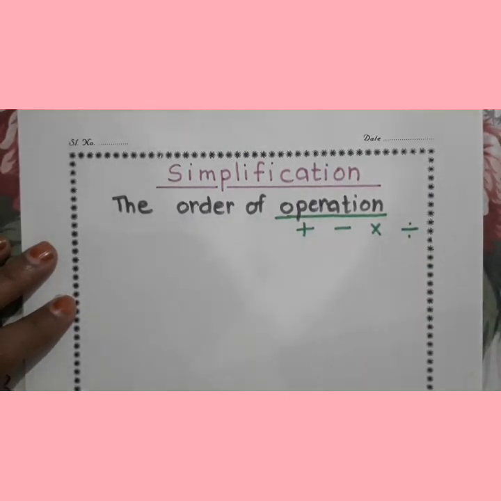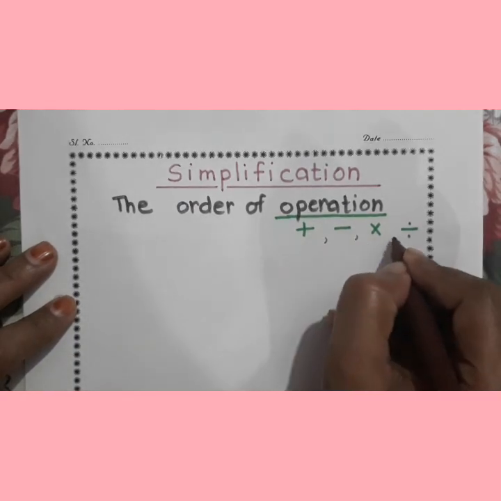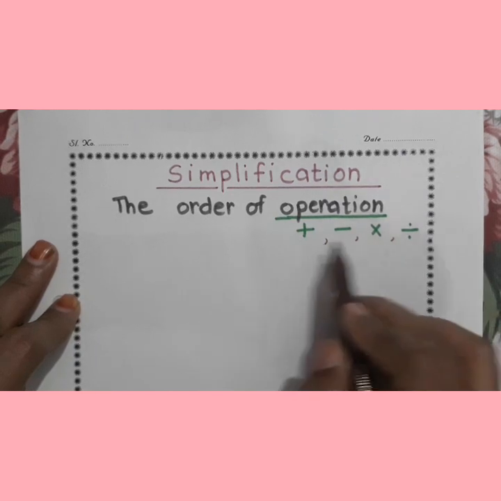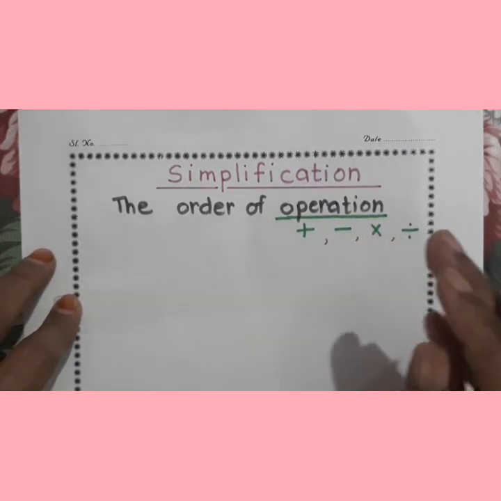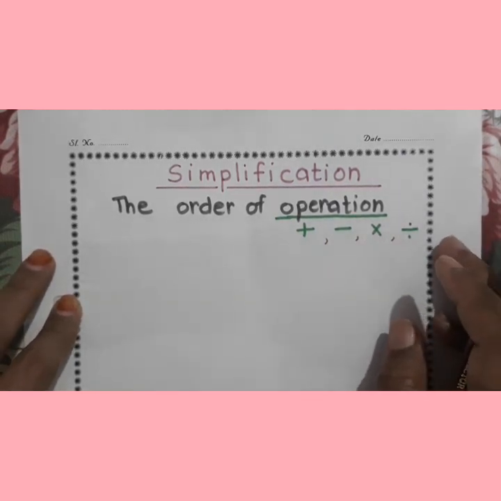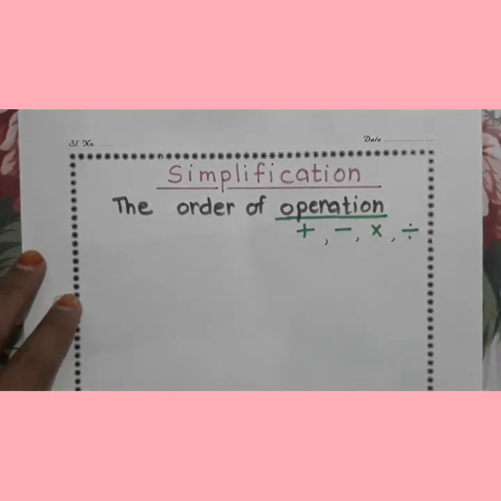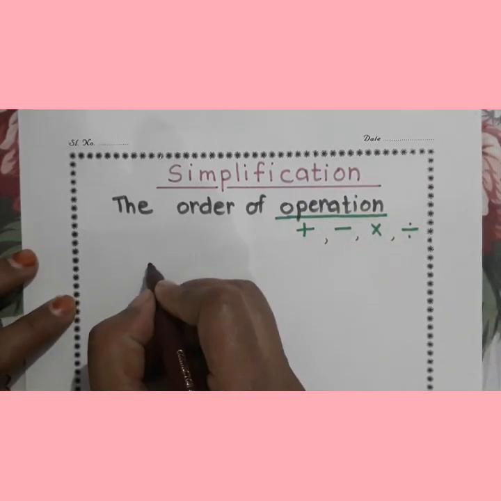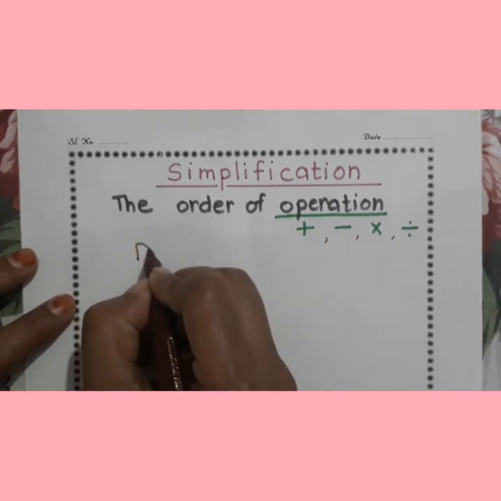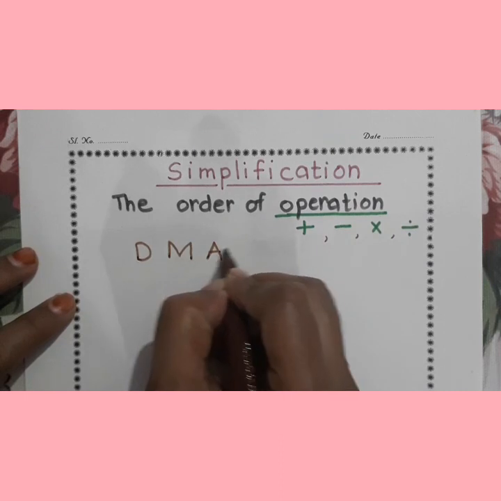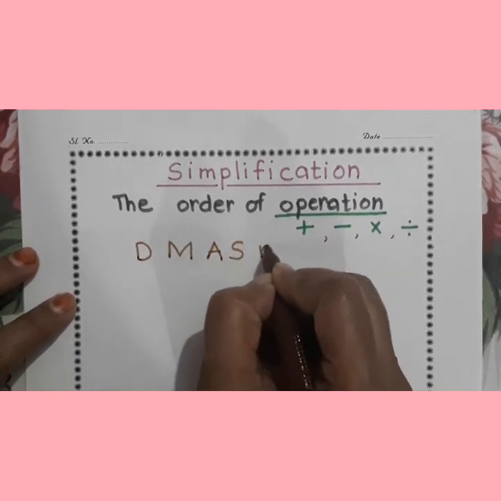The four operations. Alright. So whenever you have two or more than two operations involved in a particular question, then we go for simplification. And for this, we follow the DMAS rule. DMAS. I hope you remember what is that DMAS rule.